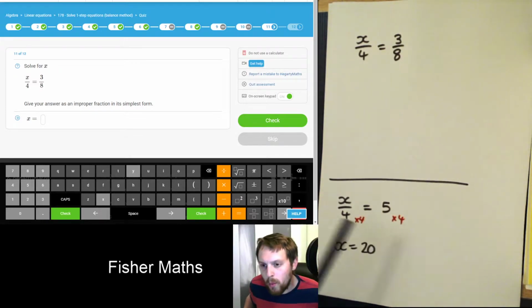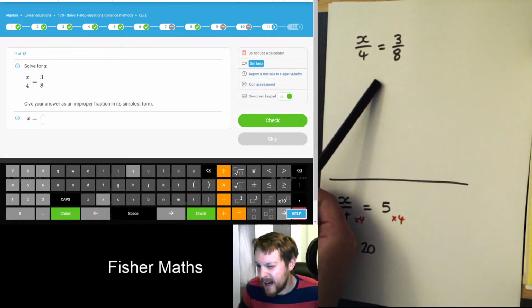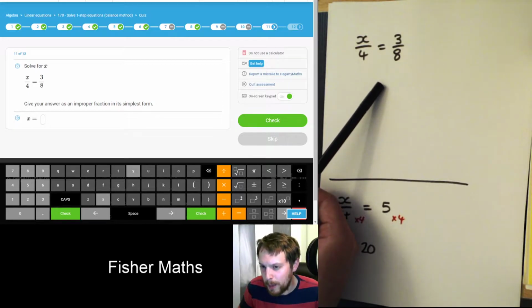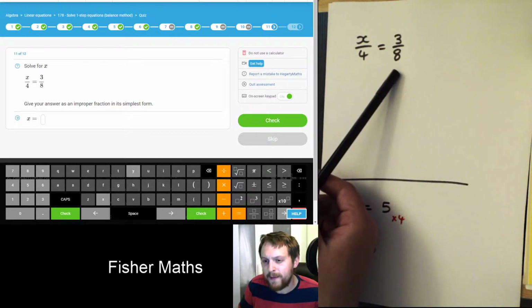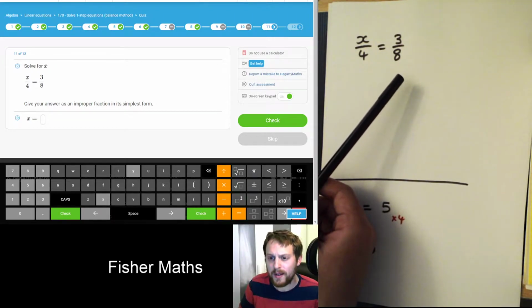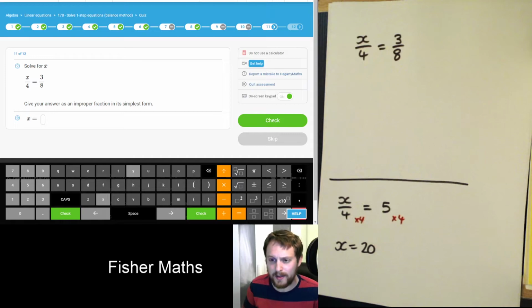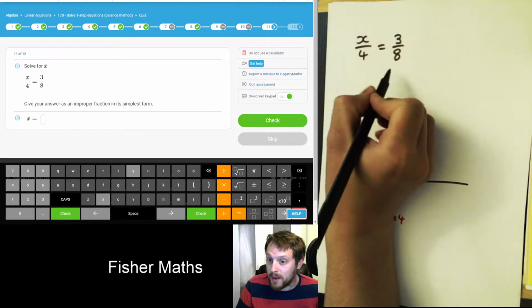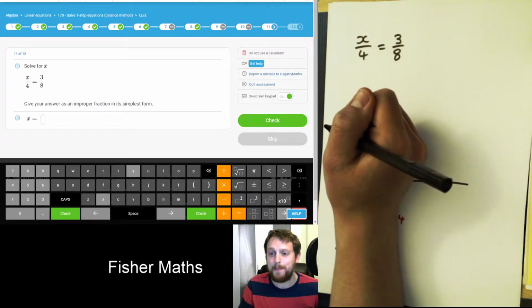Now, we are going to apply the exact same logic up here, except instead of 5, which is a nice number, we have 3/8, which is not as nice. It's not that horrible, but it's not as nice because it's a fraction, not a whole number. What do you think we times both sides by?